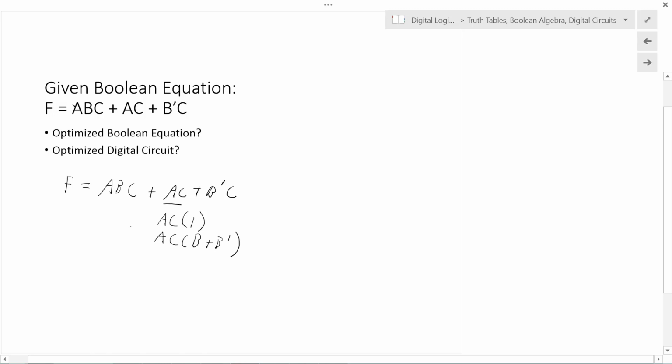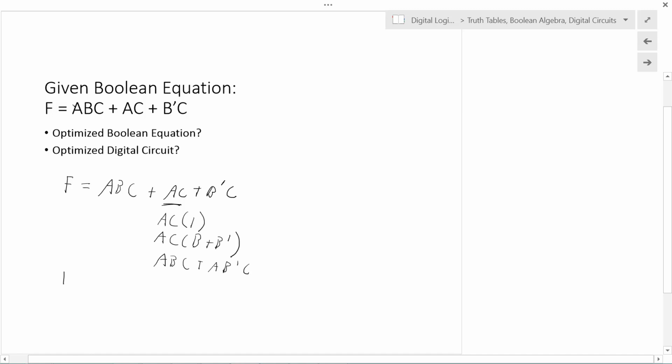So we're intentionally making this more complicated. If we distribute, we get ABC or AB prime C for just this term.